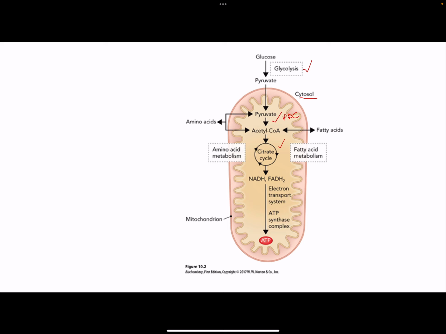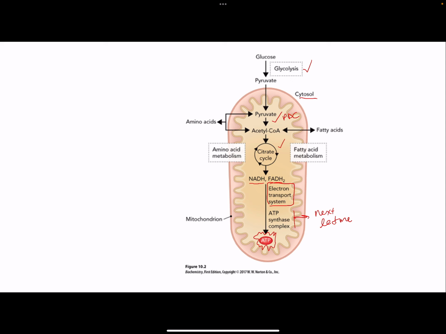So now we are looking at the conversion of these reduced coenzymes, such as NADH and FADH2, and how we're going to get energy in the form of ATP from these reduced coenzymes is through the electron transport chain, as well as the ATP synthase complex, which is going to be our next lecture.